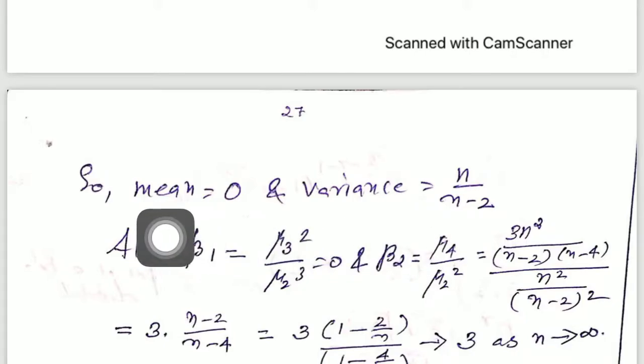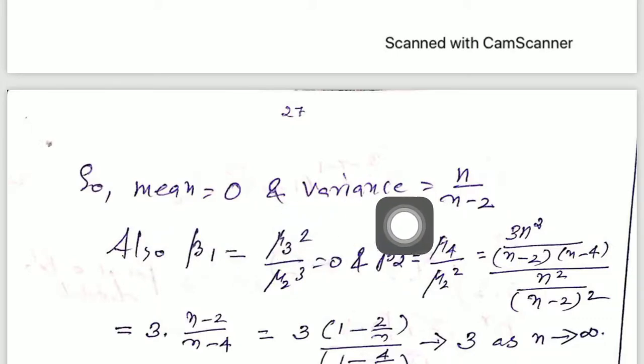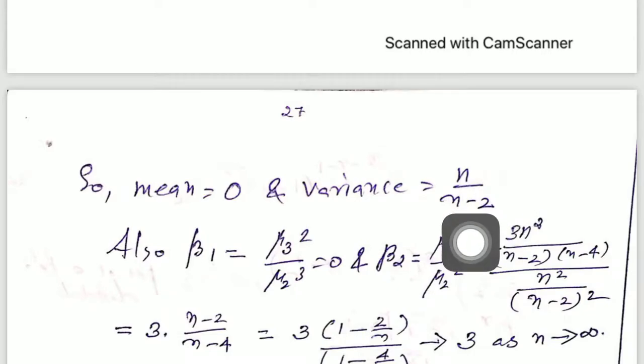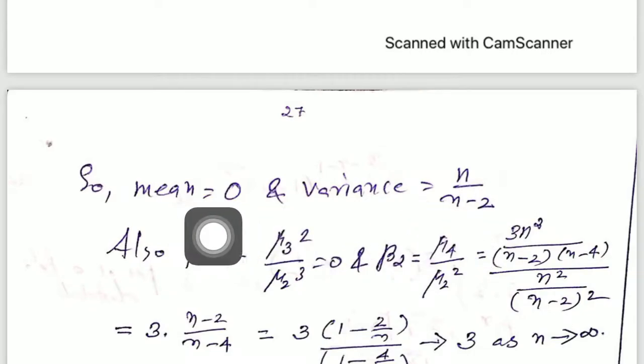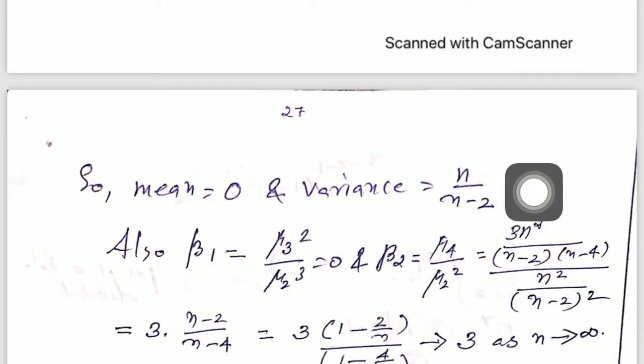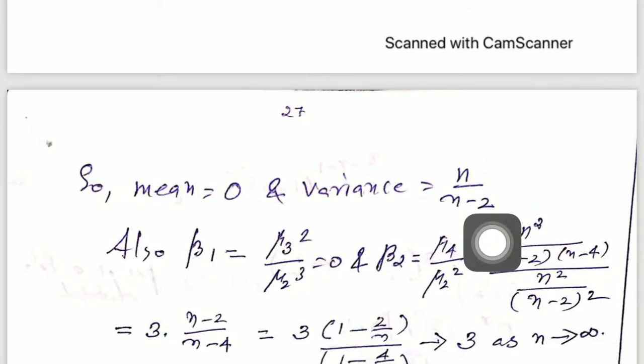So the t distribution will have mean equal to 0 always, but variance is equal to n divided by n minus 2 only if the degrees of freedom is greater than 2. That is a very important point to note about the t distribution.